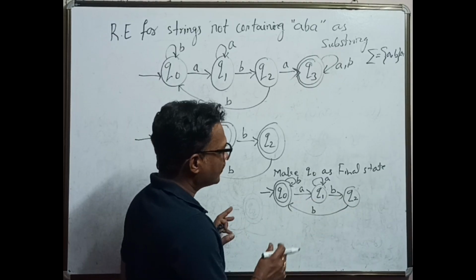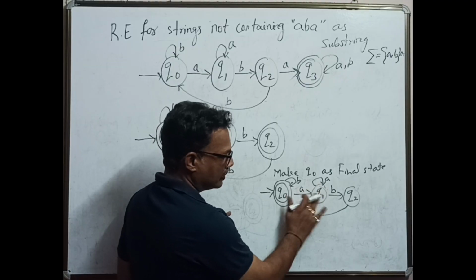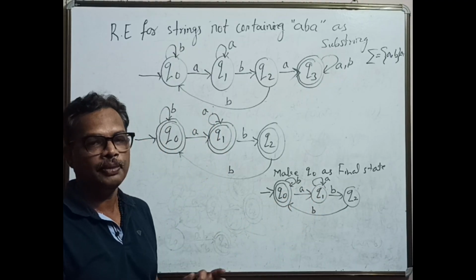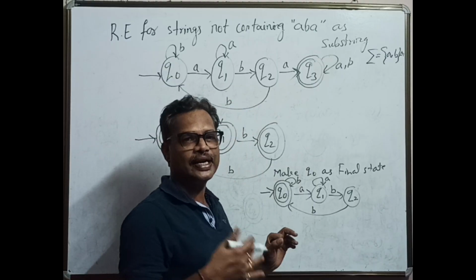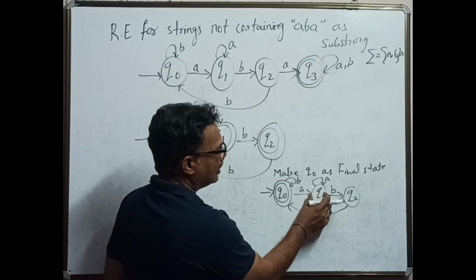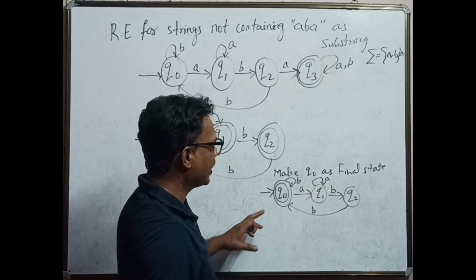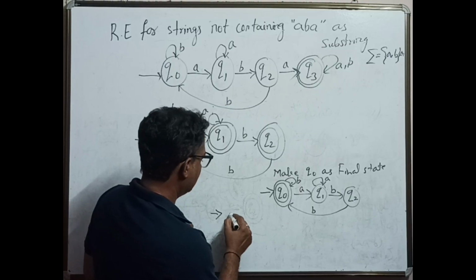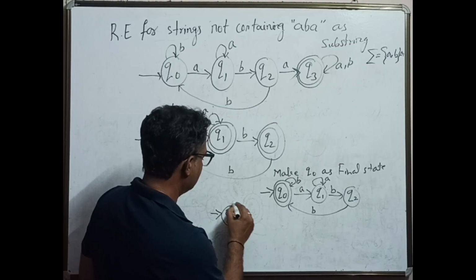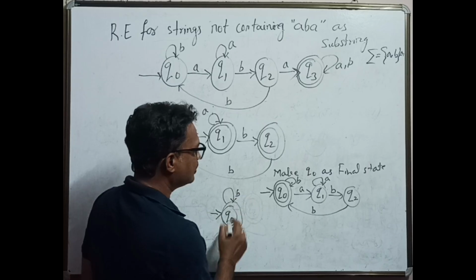Now next, let us remove Q1. This is called the state elimination method of building a regular expression. So we have to eliminate states one by one. Now I will eliminate this Q1 state. Then what happens? This becomes Q0, this remains as it is.